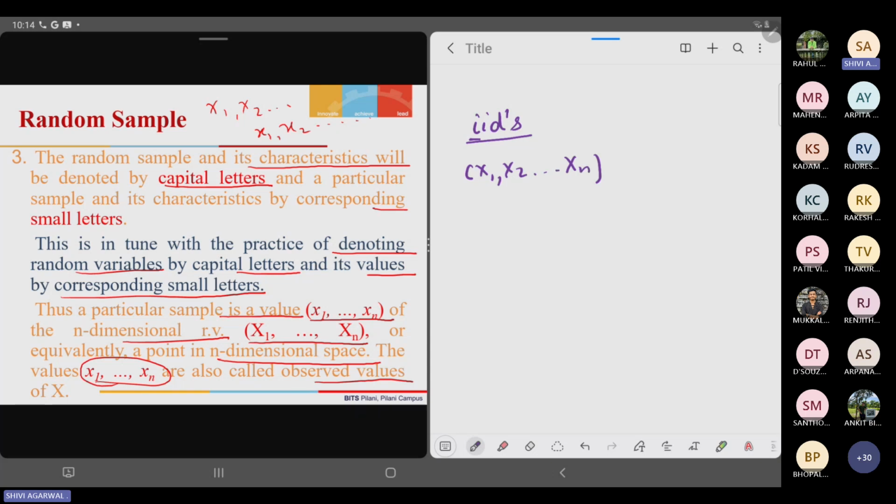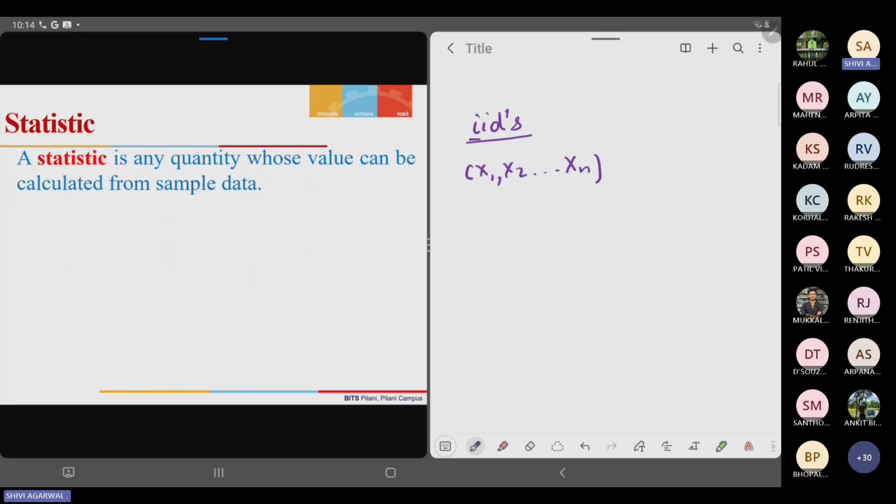So that part we are doing in statistics. Okay, so now the course name is Statistics, with an S. Now the word is statistic, without the S. It is any quantity whose value can be calculated from the sample data.